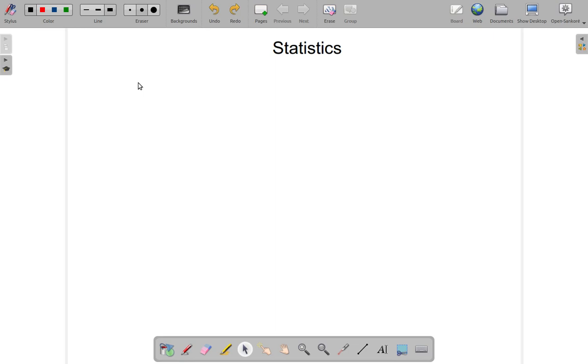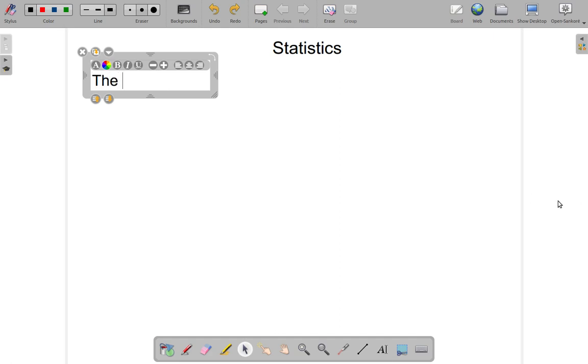One definition I remember I saw recently said that statistics is the science and the practice of collecting and analyzing numerical data. Alright? So, let me just put that definition there. Remember, this is just what I remember. Let me make these a bit smaller.